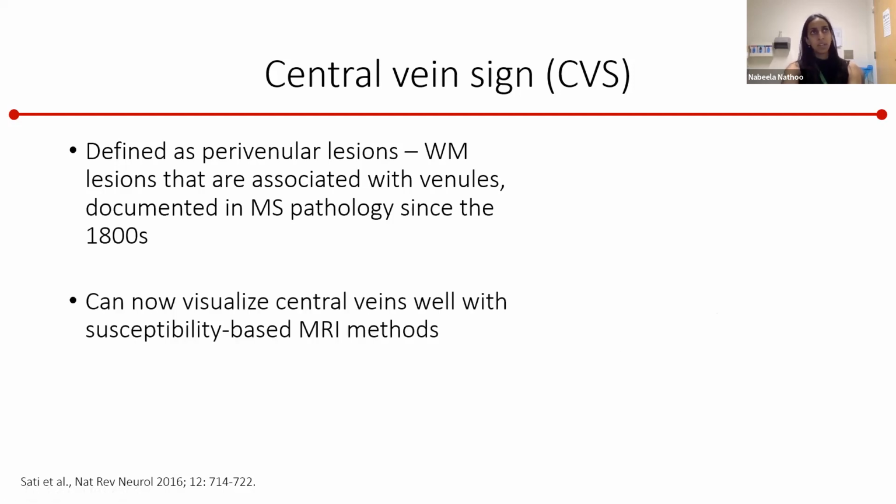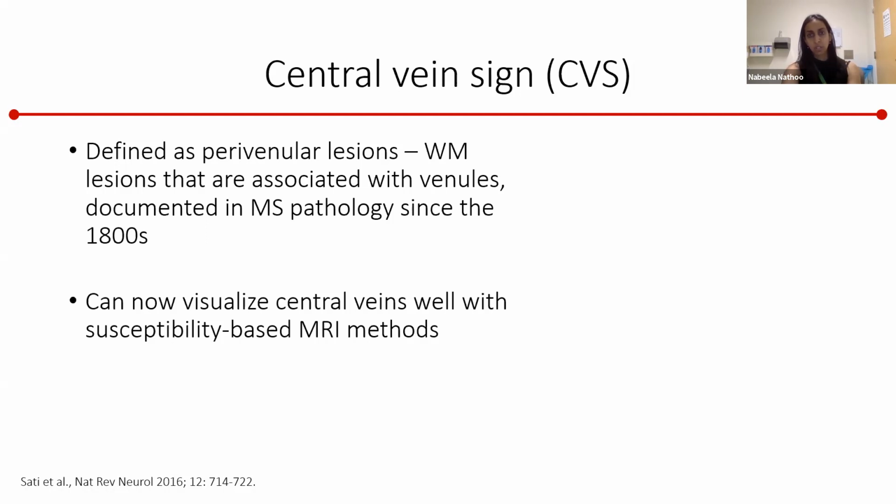And with that now, with imaging, we can use these susceptibility-based MRI methods to look at the presence of a vein in the middle of a lesion, primarily because we can exploit essentially deoxyhemoglobin affects the magnetic susceptibility in a way that it can just look quite dark. And we have good methods to be able to exploit this quality.